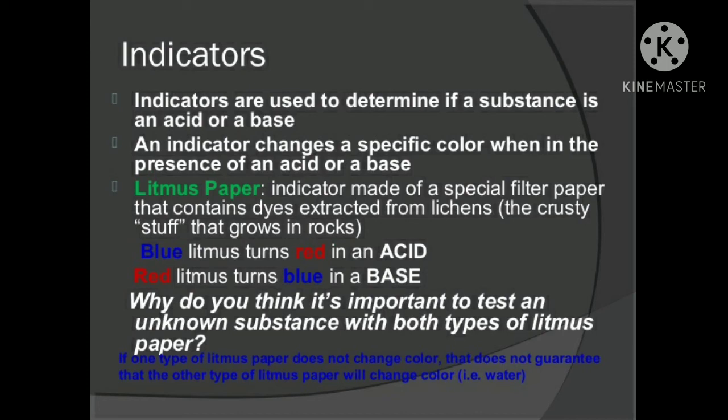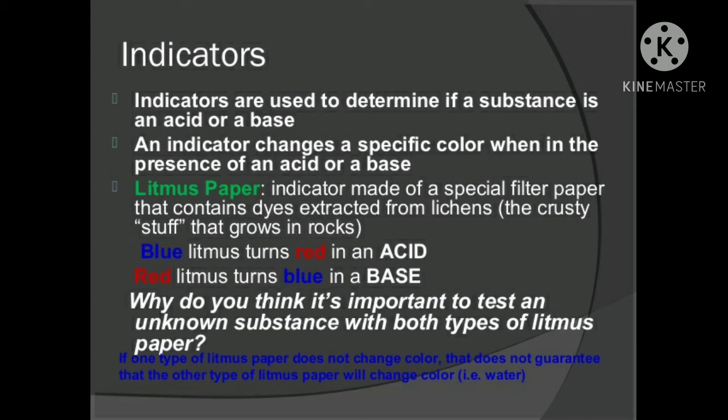The color of the ions produced is dependent on the hydrogen ion concentration or pH of the medium. An indicator changes to a specific color when in the presence of an acid or a base.